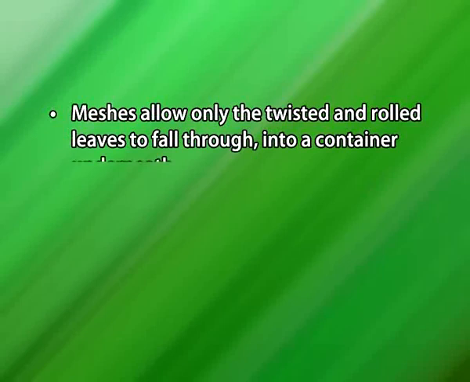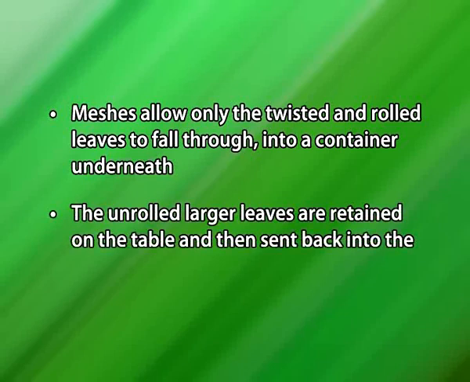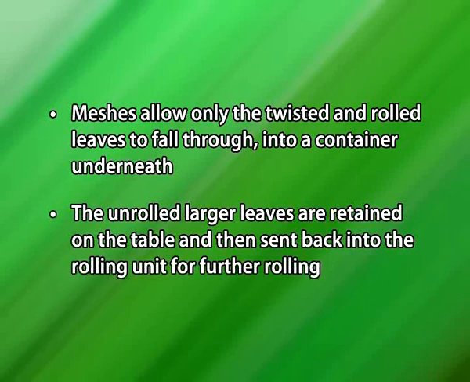These meshes allow only the twisted and rolled leaves to fall through into a container underneath, while the unrolled larger leaves are retained on the table and then sent back into the rolling unit for further rolling. The cycle is repeated till all the leaves are fully rolled.